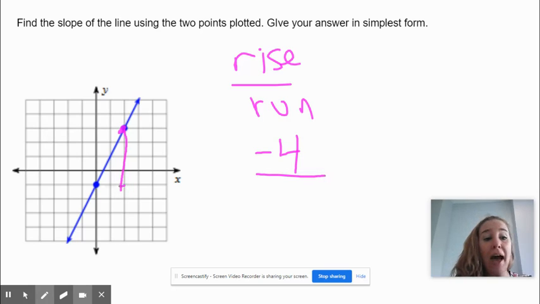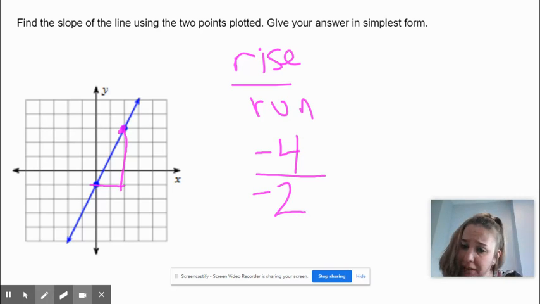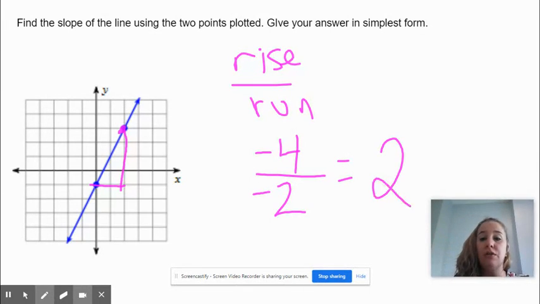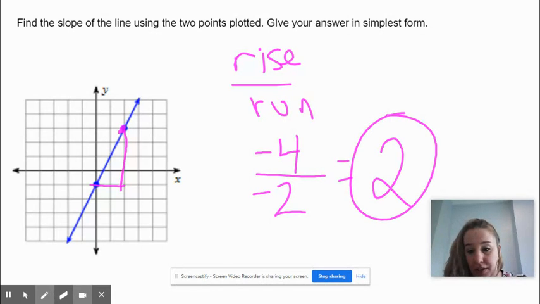And then I'm going back 2, which would be a -2 because you're going backward. What's a negative divided by a negative? A positive. 4 divided by 2 is 2. So either way, you're getting your answer of 2. It does not matter which point you start from.